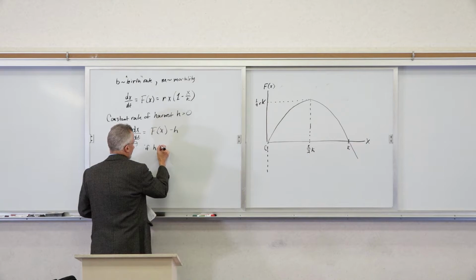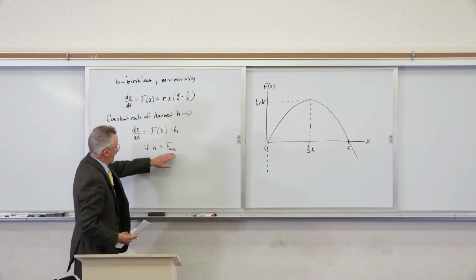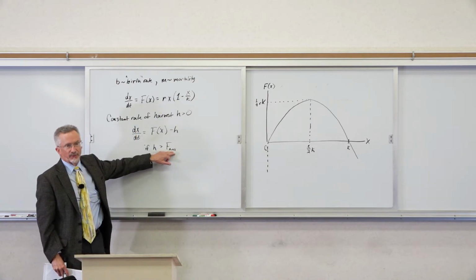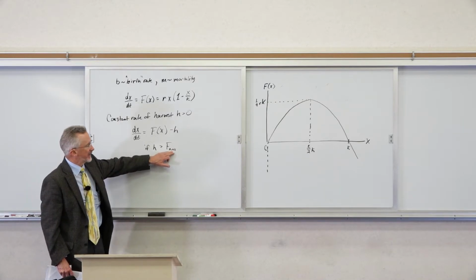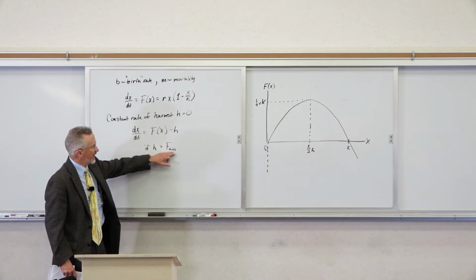And obviously, if h is greater than F max, where F max is the maximal possible reproduction rate, if it's greater than that, what happens?